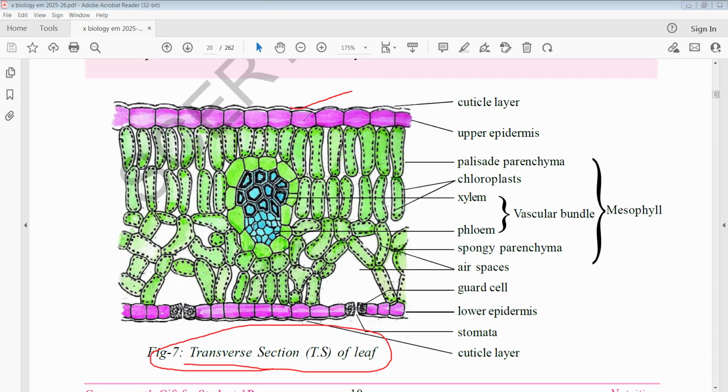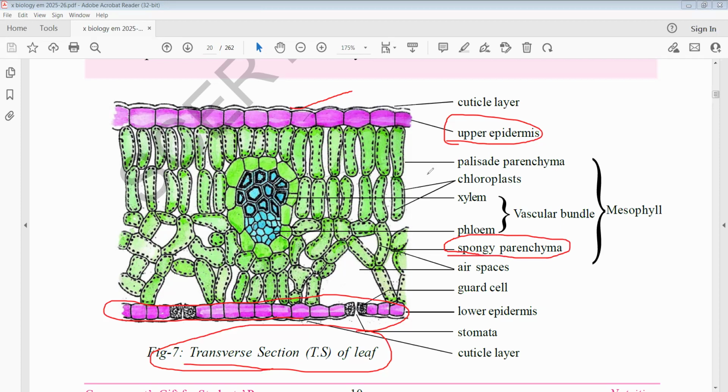Below the cuticular layer, large-sized cells are called the upper epidermis, and on the lower side the lower epidermis, and between the two there is the palisade parenchyma and spongy parenchyma. Below the upper epidermis, elongated cells are called palisade parenchyma. Irregular cells are called spongy parenchyma.